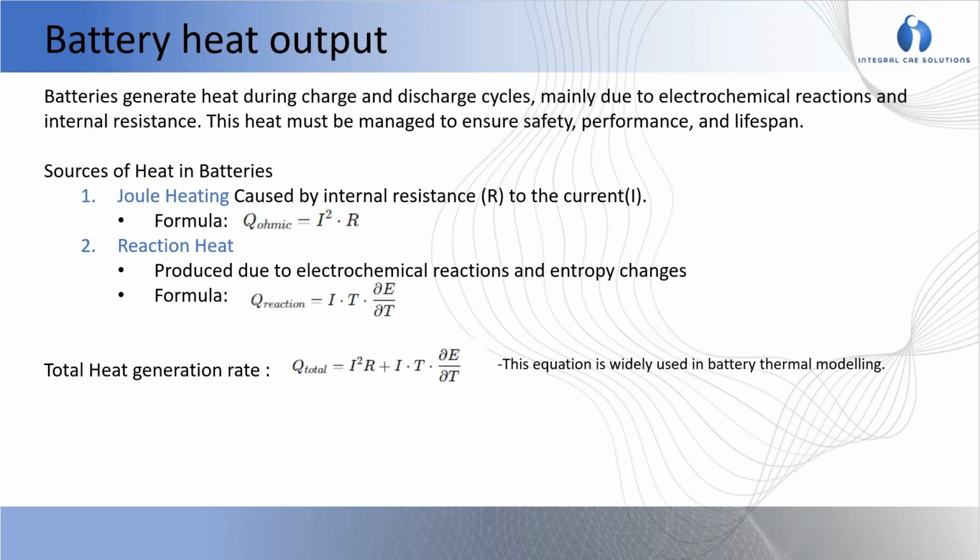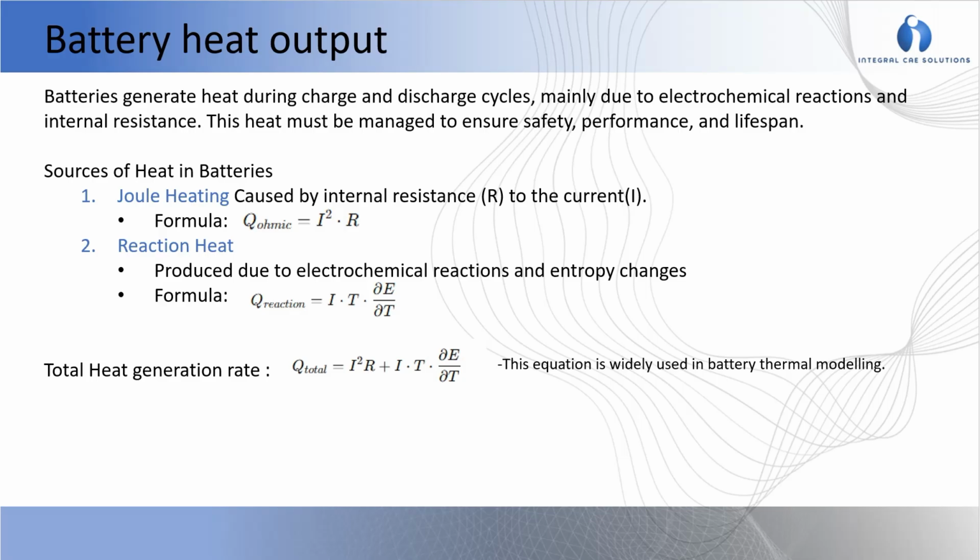Batteries usually generate heat during the charging and discharging cycles, mainly due to the electrochemical reactions and internal resistance. So this heat must be managed to ensure safety, performance and lifespan. There are two sources of heat in the batteries. The first one is Joule heating, which is caused by the internal resistance and the current, defined by Ohm's law.